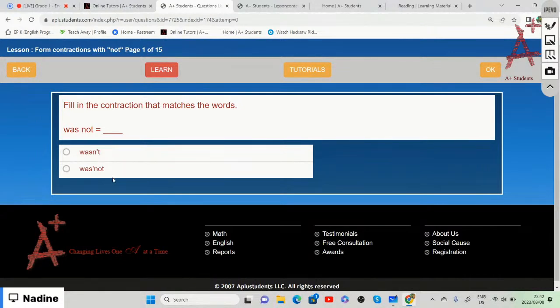I remember we said that when you find two words like that, we drop the O and put the apostrophe in place of the O, which means that we will go with the first option, which is wasn't.